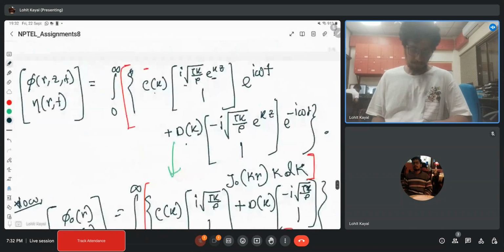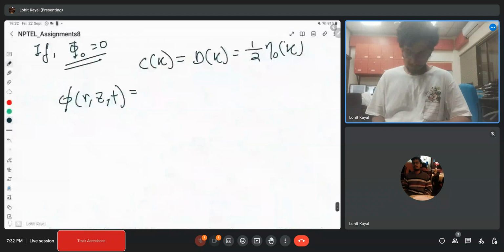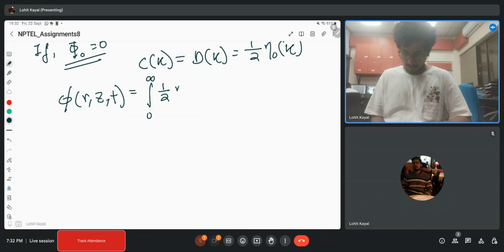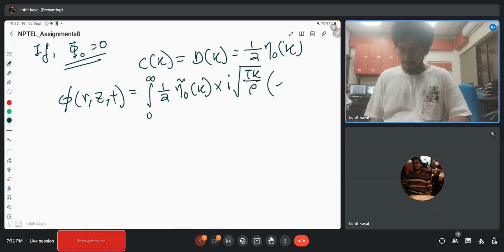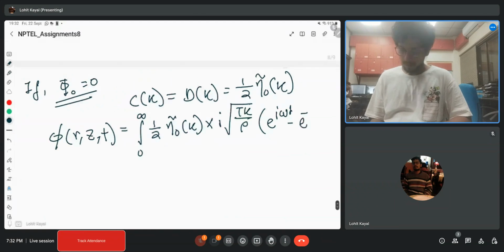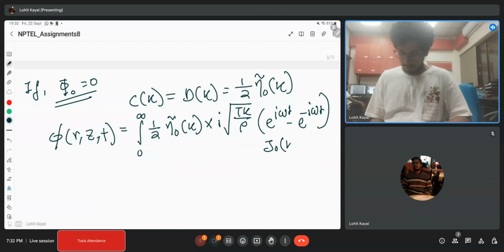So I will have the integral from 0 to infinity of half eta 0 tilde of k into i square root of Tk by rho, e to the power i omega t minus e to the power minus i omega t, j0 kr k dk. Now we can simplify it.